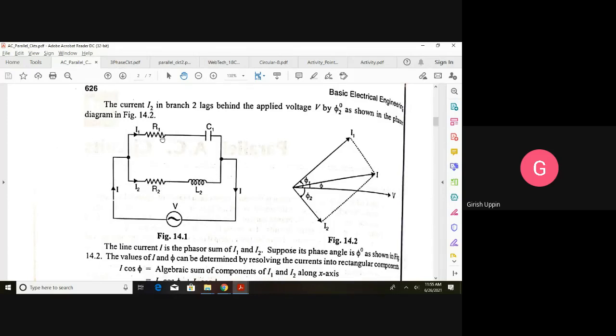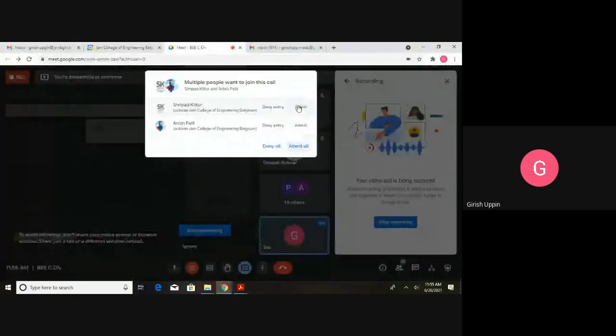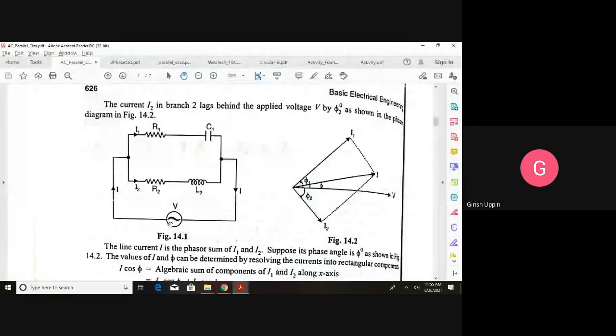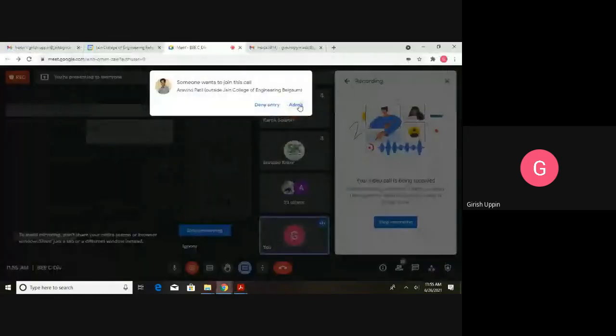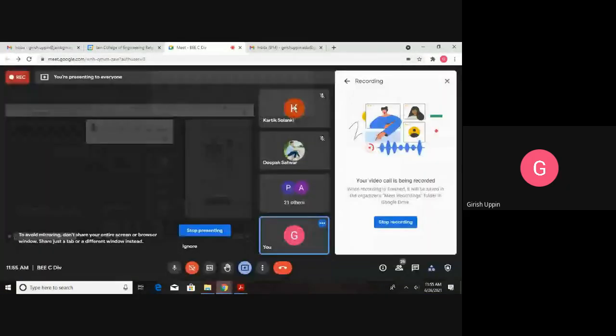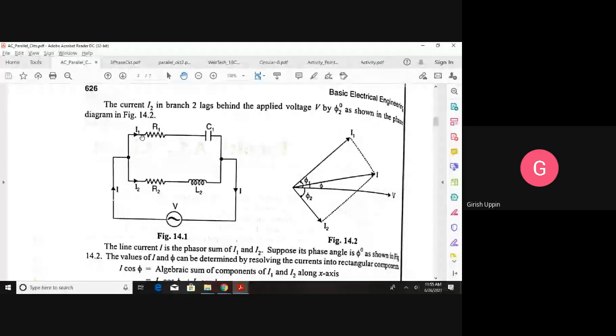So the voltage across the R1 C1 combination is the applied voltage V, and the voltage across this other combination is also V. Now we know the voltage across this combination is V and the current flowing is I1. We know the relation between the voltage and the current. In case of an RC circuit, current I1 will lead the voltage V by an angle phi.